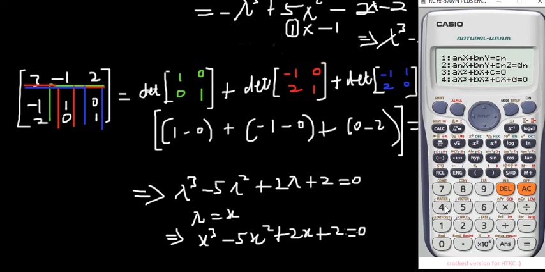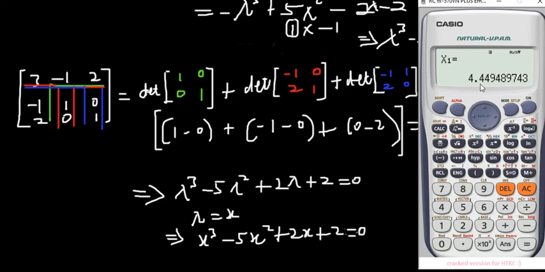Then you punch the coefficients of this equation. First, x cubed is 1, x squared is minus 5, x is positive 2, and the constant is 2. After this you just click the equal sign, and you'll be given all the roots.